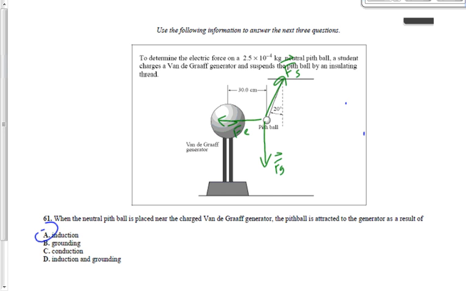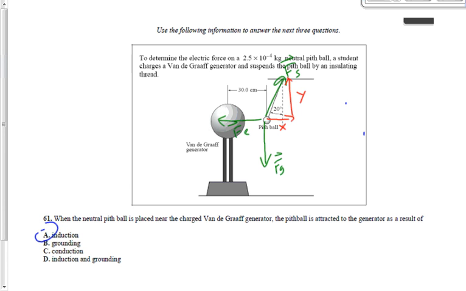And then I realized, wait a second, if this thing is at rest in static equilibrium, then the x component of the string force must be equal to the electric force, and the y component of the string force must be equal to the force of gravity, right? The x's have to balance, and the y's have to balance.